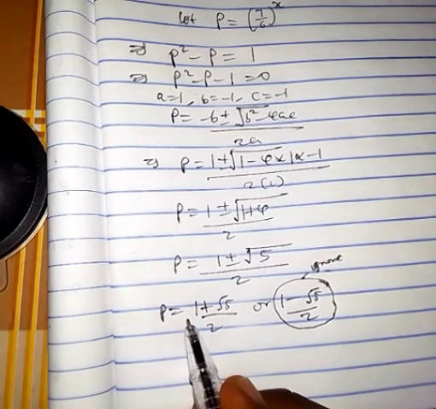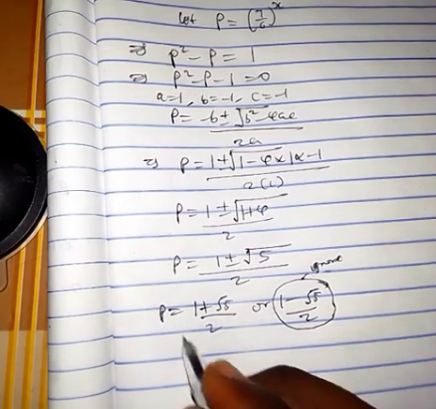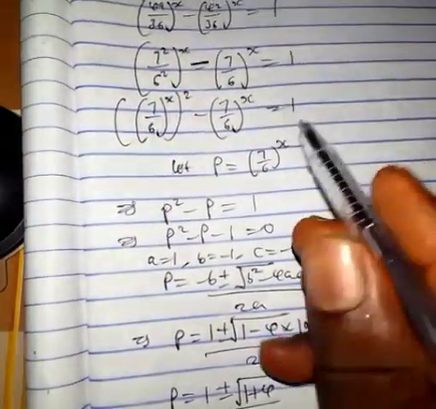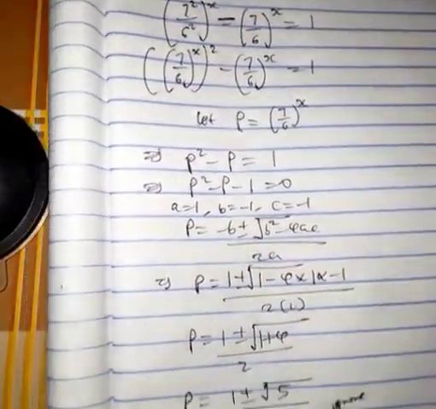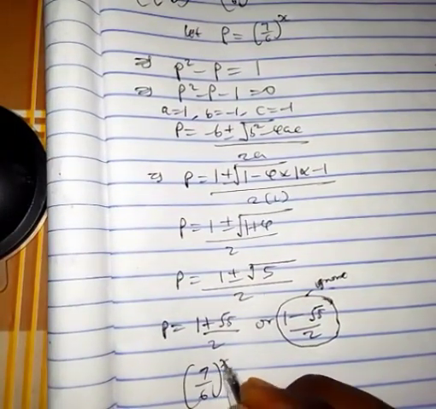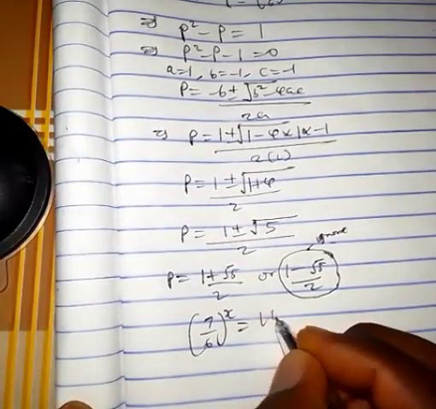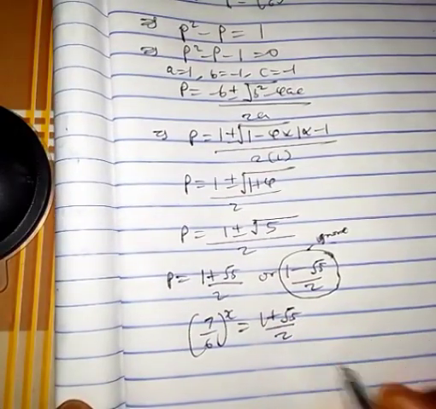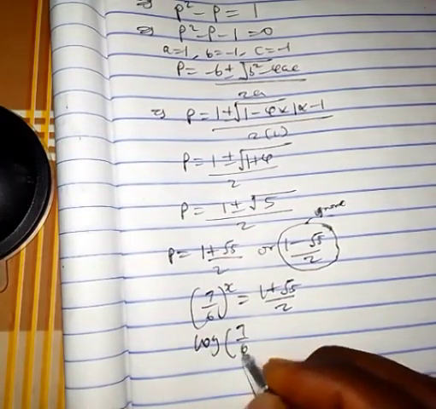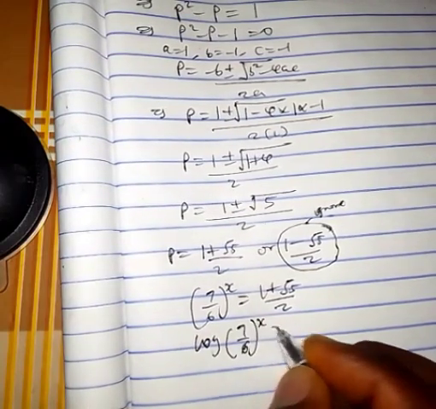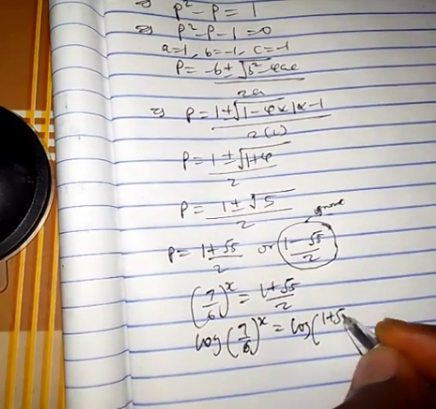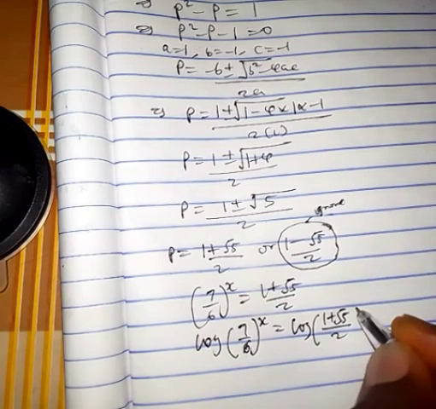Now we have to consider this. When p equals 1 plus the square root of 5 over 2, we just put it here. So we have 7 over 6 raised to the power x equals 1 plus the square root of 5 over 2. Taking the natural logarithm of both sides, we have log of 7 over 6 raised to the power x equals log of 1 plus the square root of 5 over 2.